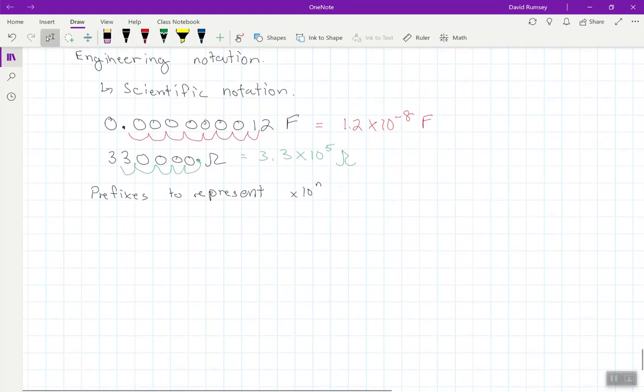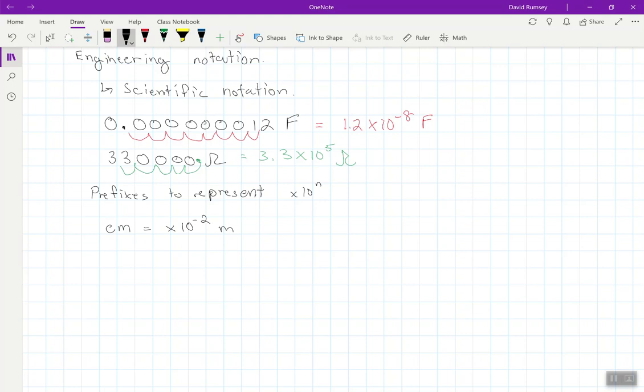Now you're probably used to this because you've probably seen things like centimeters, which is basically times 10 to the negative 2 meters. And so instead of writing times 10 to the negative 2, we just would write centimeters.